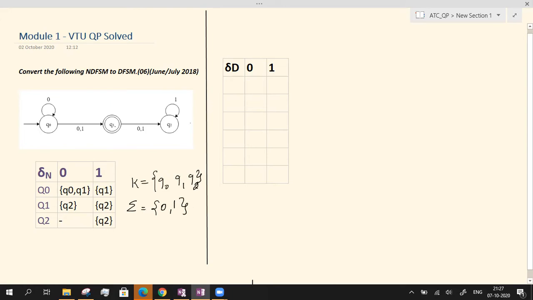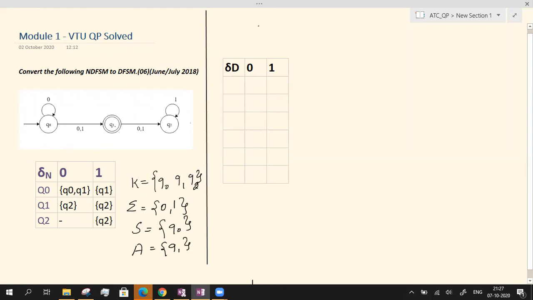Then we know the transitions, which are given in the transition table. The start state is Q0, and the accepting state is Q1. So all the 5 tuples of the NFSM are given. From these, we have to find the equivalent DFSM.